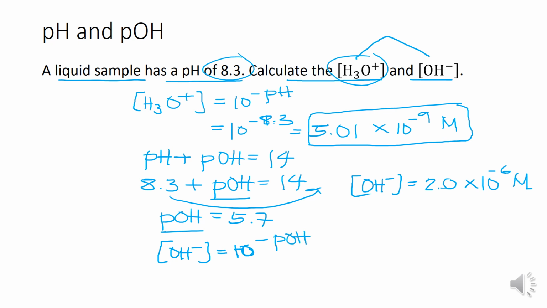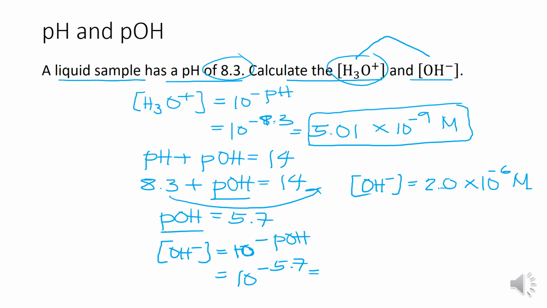Let's plug in the calculated value of pOH. So that is equal to 10 to the negative pOH, again is 5.7. Let's input that in the calculator. You have 10 exponent negative 5.7. And the answer is the same.